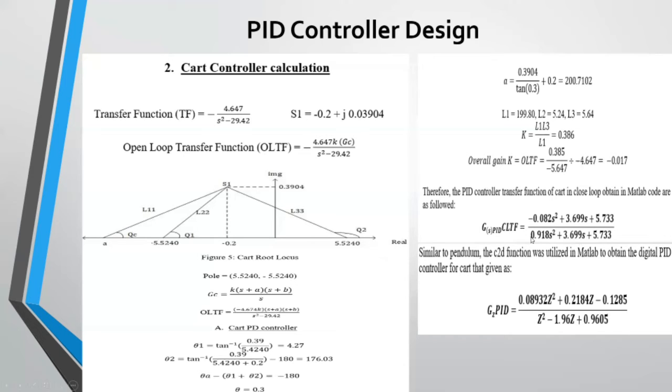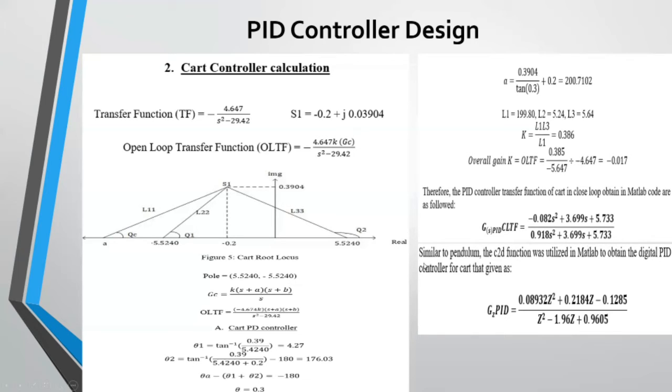So our PID as shown here is 0.2082 s squared plus 3.69 s plus 5.73 over 0.18 s squared plus 3699 s plus 5.377.